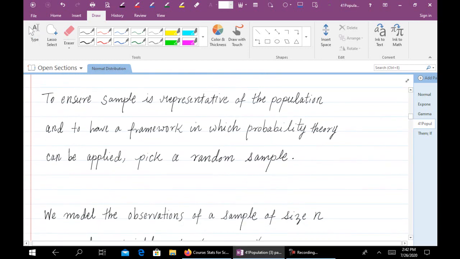Now, to ensure that the sample is representative of the population, and to have a framework in which probability theory can be applied, we need to pick a random sample. That is, when you're picking a sample, it shouldn't be done by convenience.